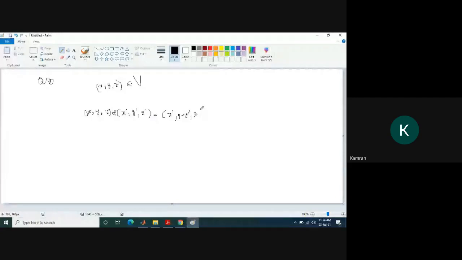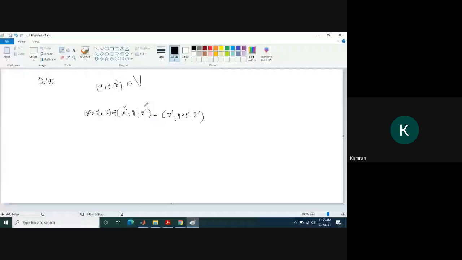So this is the operation defined in this book: the first and third components come from the second member, and the second component is the sum of the second components of both members.